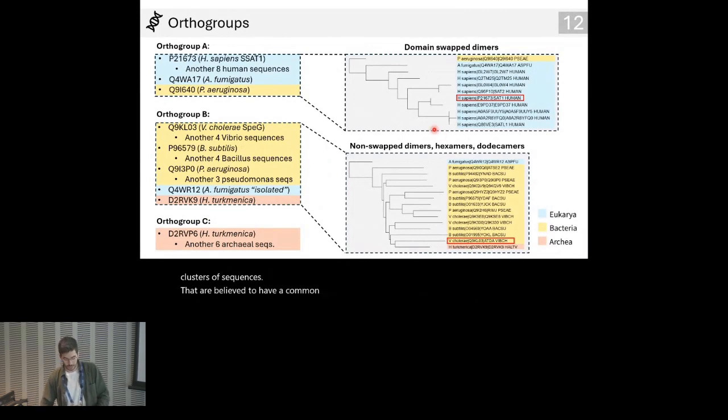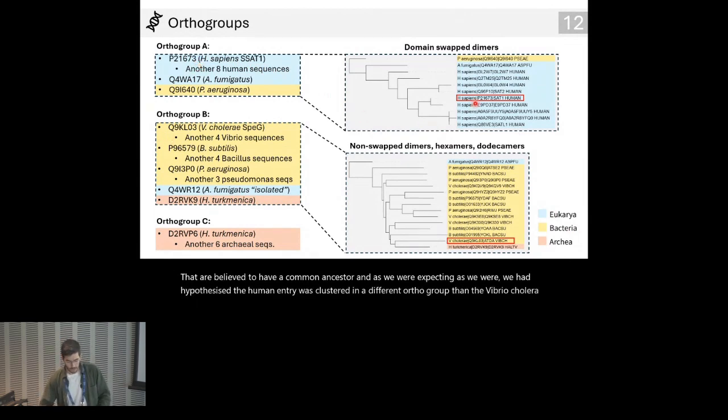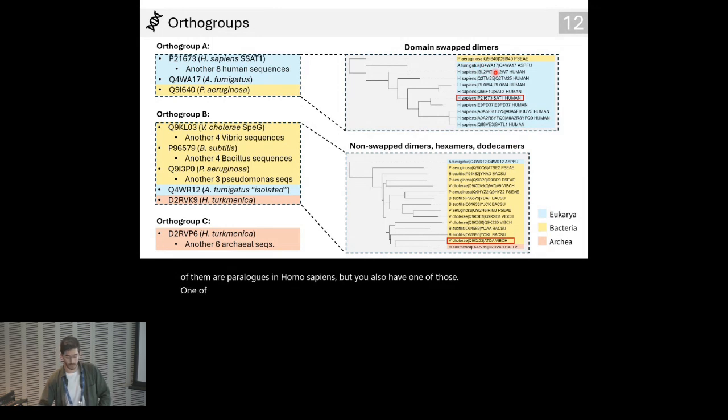And as we had hypothesized, the human entry was clustered in a different orthogroup than the Vibrio cholerae one. Here you have a tree of the human protein with a few others. Most of them are paralogs in Homo sapiens, but you also have one of the GNATs in Aspergillus fumigatus, that fungi entry, and clustered with Pseudomonas, with a bacterial entry.